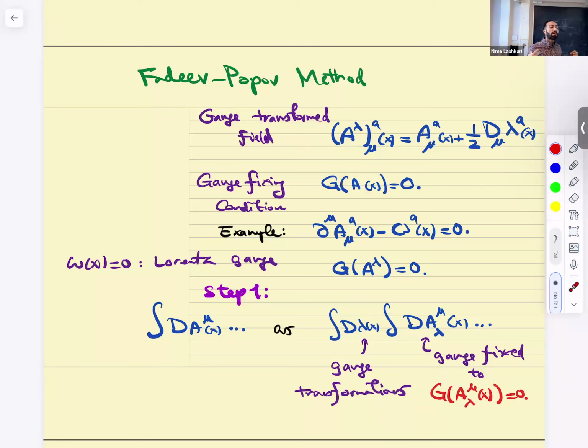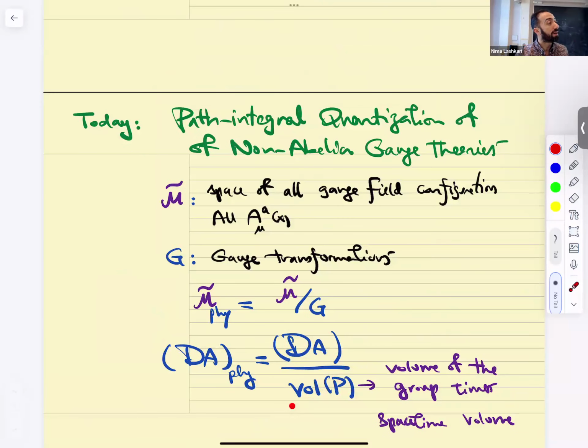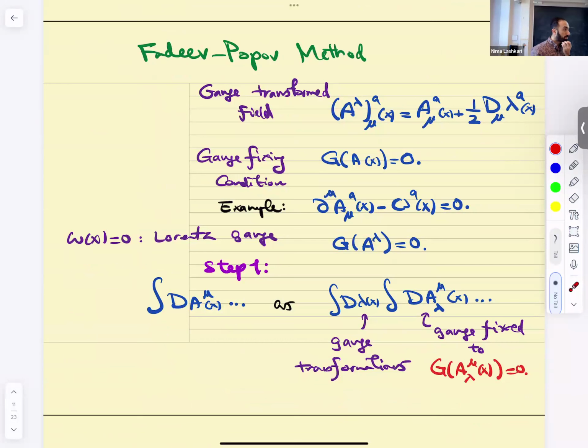What I'm going to do is gauge fix as I integrate over the path. Instead of modding out by this, one way to mod out is just to fix the gauge. That's what I'm going to try to do. We'll see. So how am I going to fix the gauge?